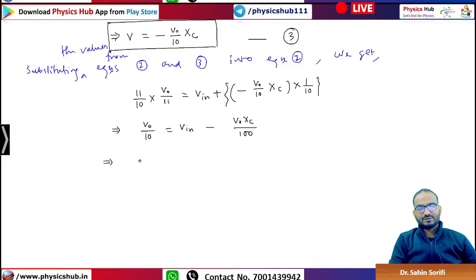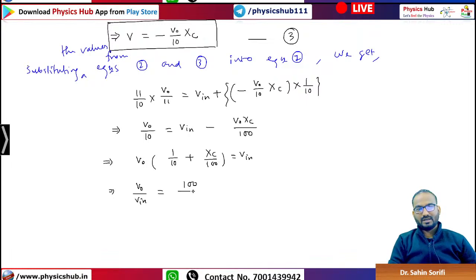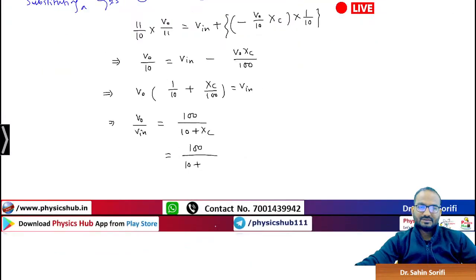Our ultimate goal is to calculate the gain, that is V0 by V in. We can take V0 common: 1 by 10 plus XC by 100 is equal to V in. That means V0 by V in is equal to 100 by 10 plus XC.